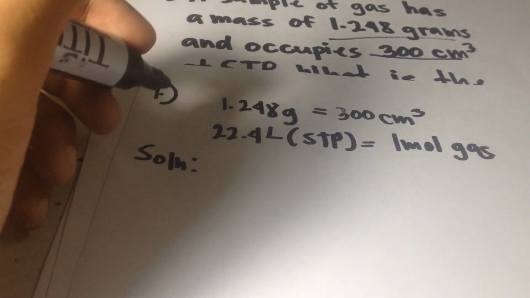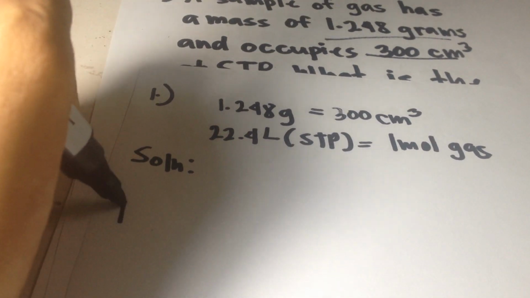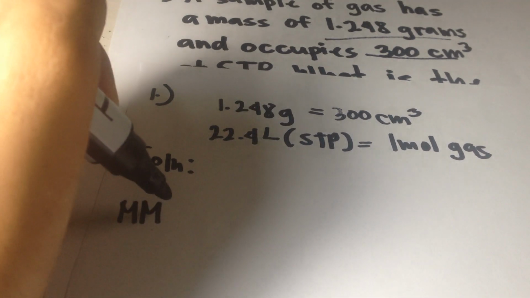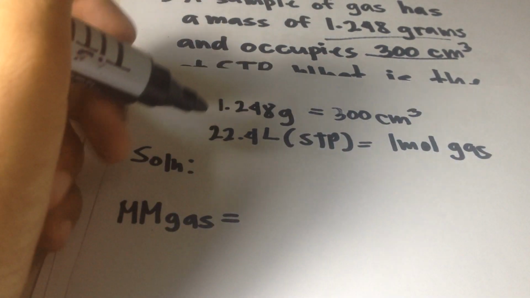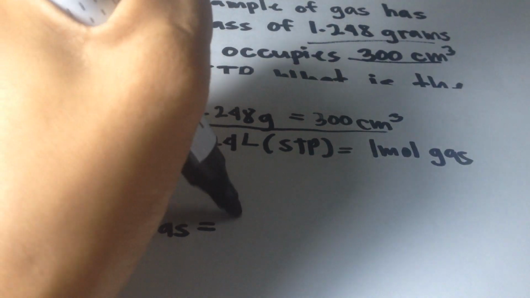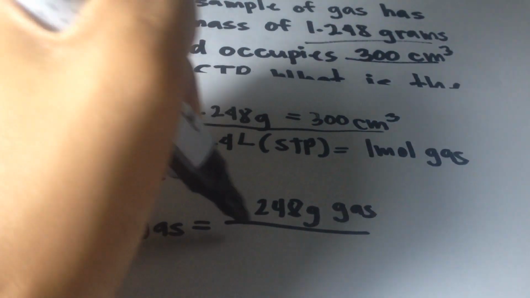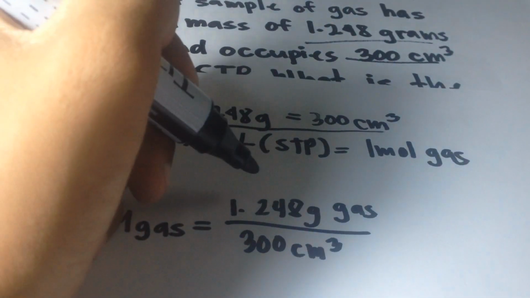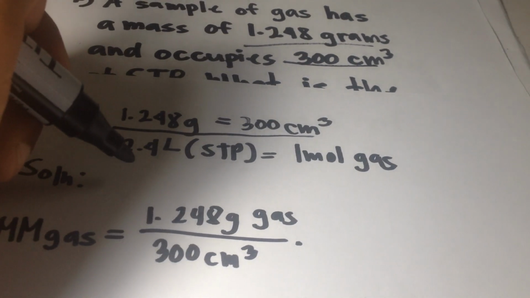So the molar mass, or molecular mass, of the gas is equal to, here we need to use this ratio: 1.248 grams of gas over 300 cubic centimeters, times 22.4, which is the STP, so times 22.4 liters at STP over 1 mole of gas.